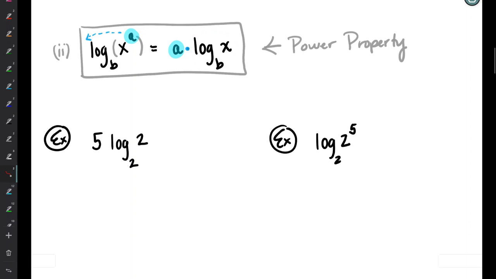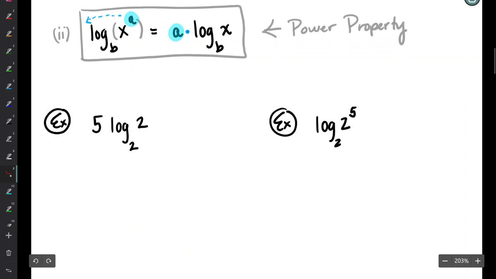Let's do a few examples to convince ourselves that this seems reasonable. So 5 times log base 2 of 2. Well, I don't have to use the power property here. I know what log base 2 of 2 is. Remember, log base 2, what does it do?